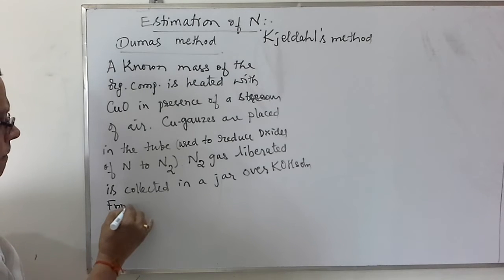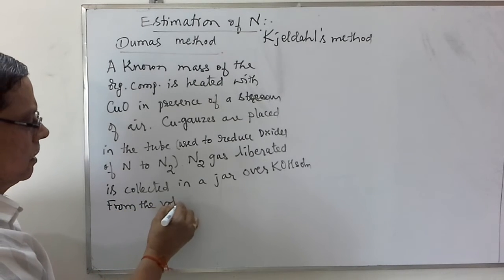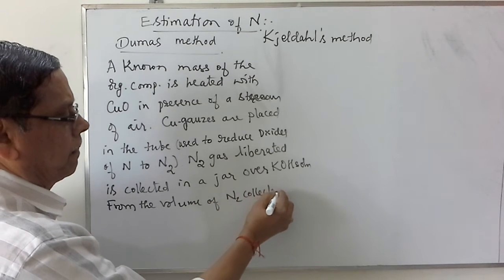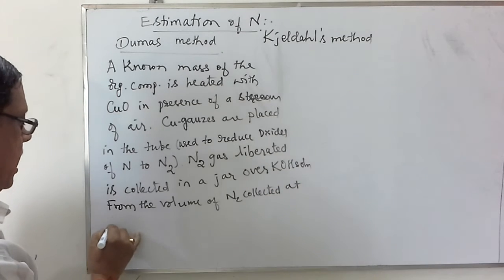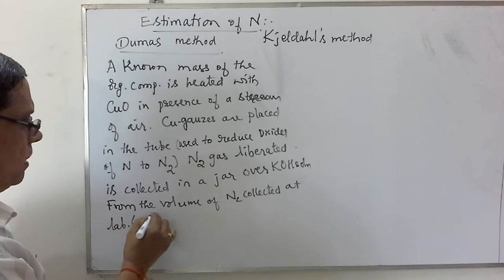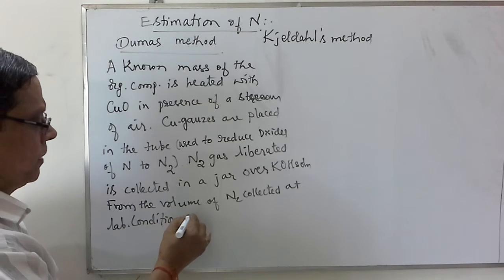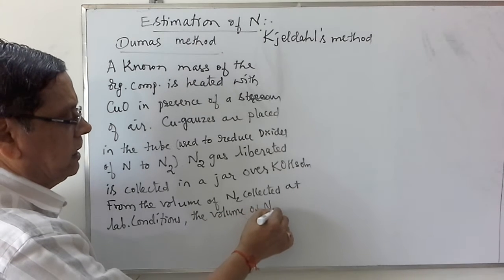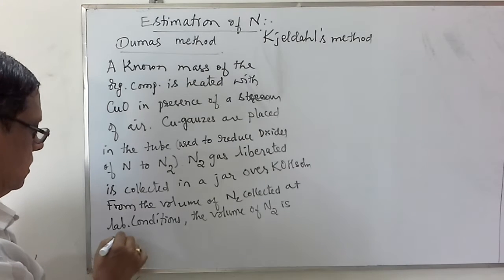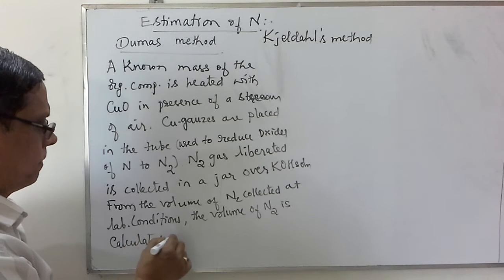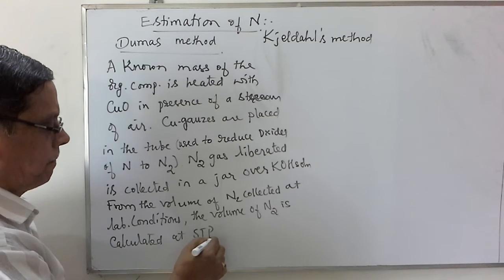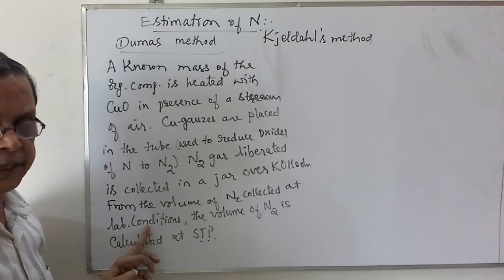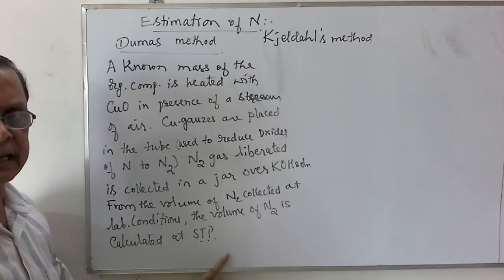From the volume of nitrogen collected at laboratory conditions, the volume of nitrogen is calculated at STP. So from this volume of nitrogen collected at room temperature and pressure, we can reduce it to the standard temperature and pressure.